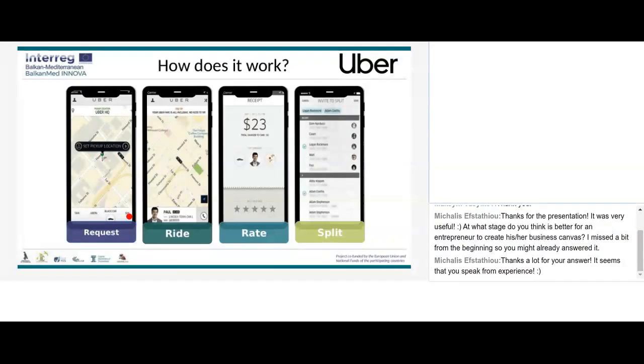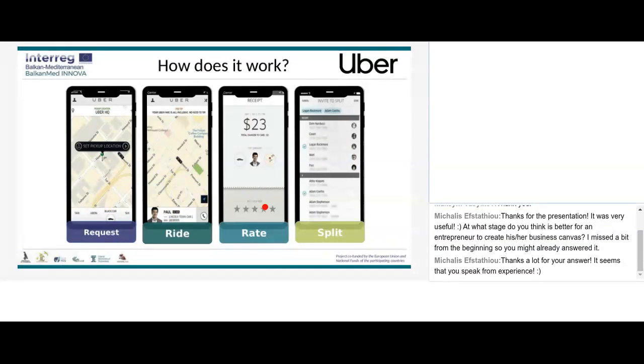I will show you all of them later, maybe on the next slide. Then a driver accepts this ride and goes to pick up the customer. After finishing the ride, the customer pays automatically through the Uber application. So there are no transactions involved with cash or any other difficult to use systems.